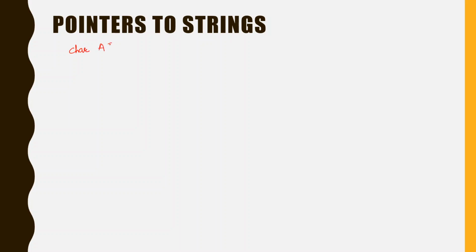Suppose we have a character array which holds a string like this. The size of this array A is 8. Why 8? Because 7 characters plus 1 null character. Now for storing the base address of this character array, I require a character type pointer p.